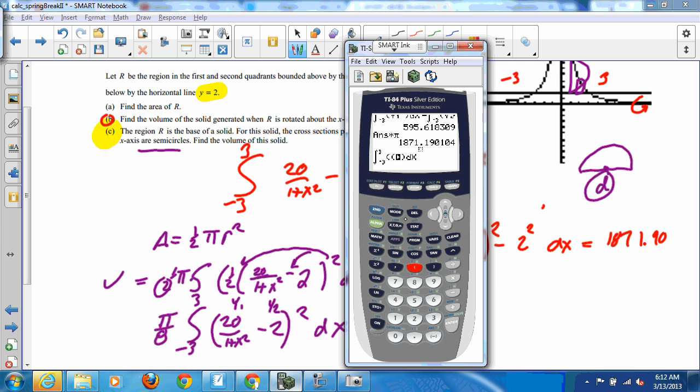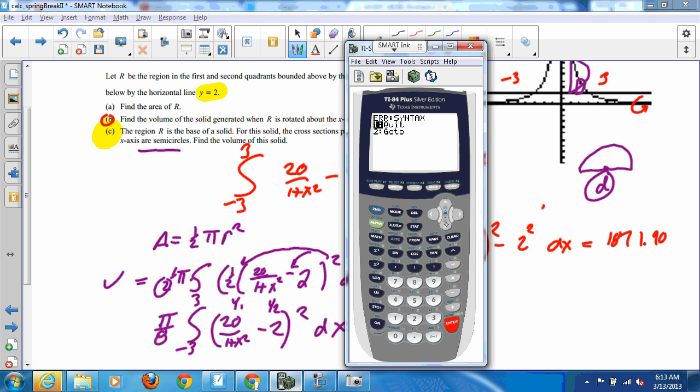So let's do y1 minus y2, and let's close that first parenthesis there and square this whole term. And then we're going to get an answer.